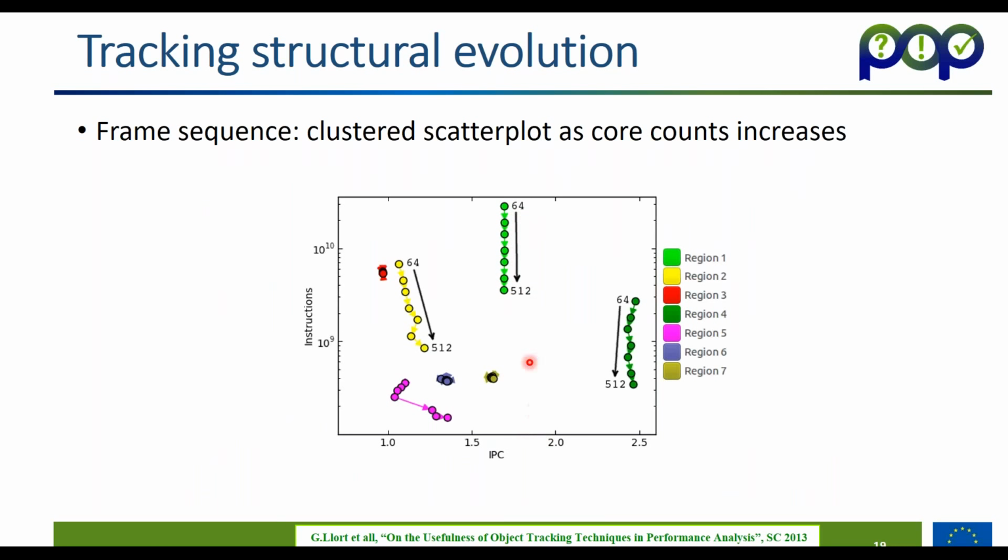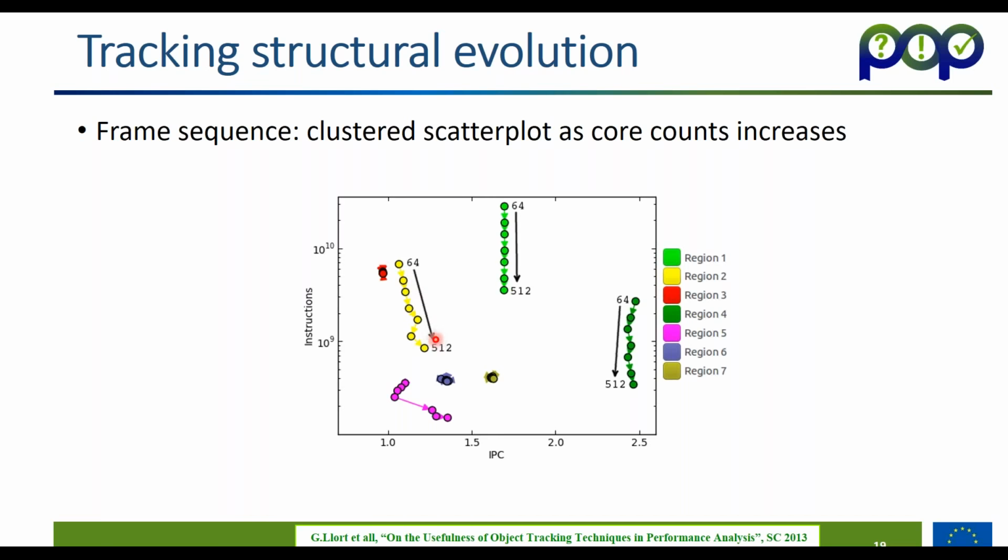And we have here an example where this is typical, something expected. More cores, fewer instructions per core. So this is expected. IPC does not change, so this is also reasonable. We have a case here where increasing core count improves IPC a little bit.